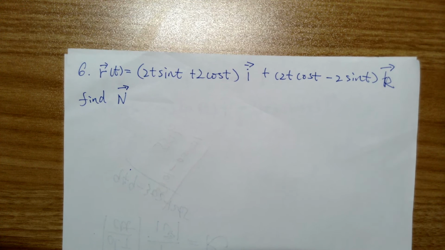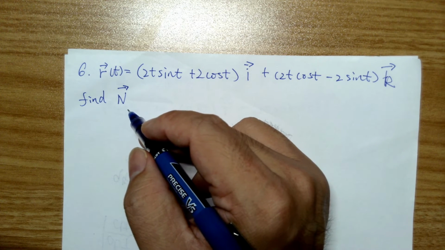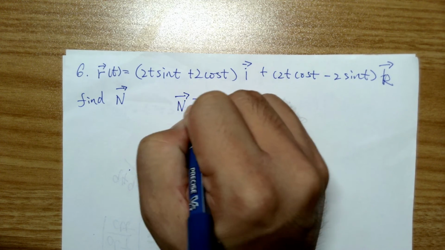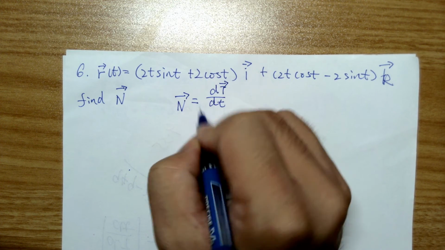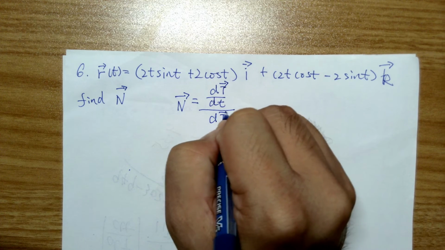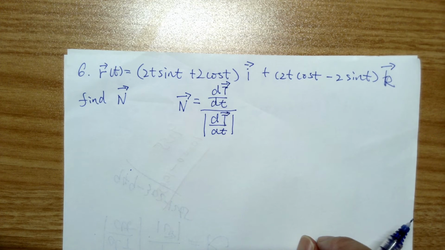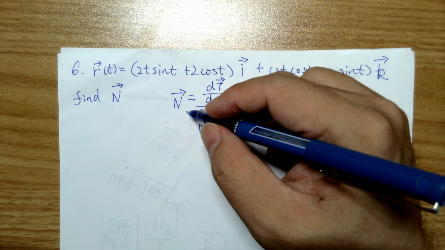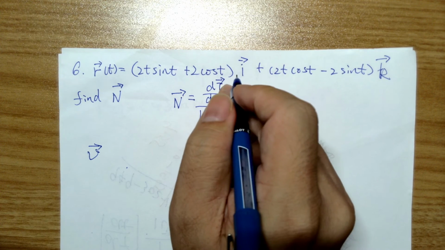Number 6, it asks us to find the principal unit normal vector. Noticing that N is dT over its magnitude. To derive the principal unit normal vector, we first need to find the unit tangent vector.